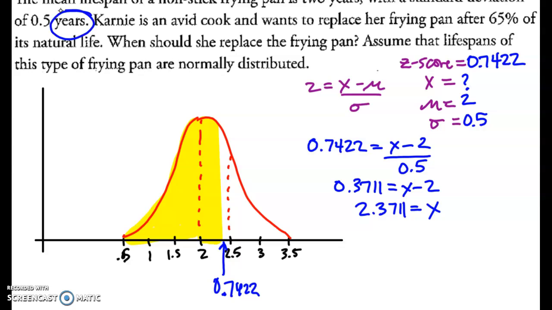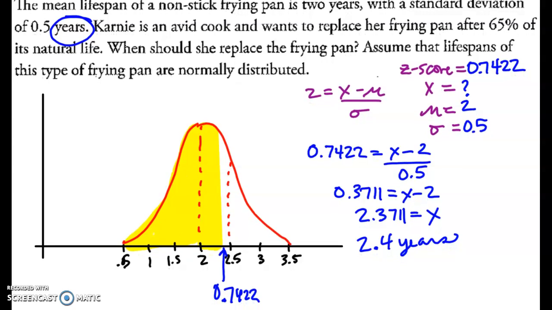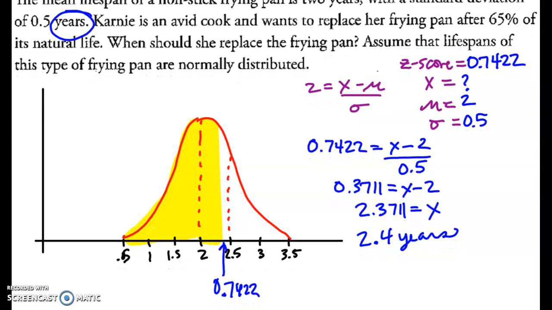So when we talk about 2.3711, we're talking about 2.4 years she should replace her frying pan. Does this answer make sense? Well, yes. We know that exactly 50% of the wear happens at 2 years. And so at 2.4 years, she wants to replace it at 65% of the wear. Yeah, 2.4 years does make sense.